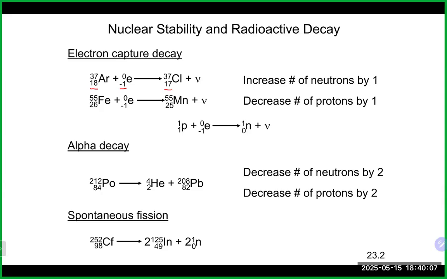In this case, what's happening is the proton and the electron are coming together, and it's going to result in the formation of a neutron. And once again, there's not going to be a change in the mass number. So again, same situation, 37, 18. We're going to lose a proton, which takes 1 out of each.